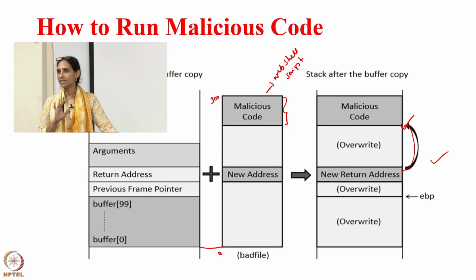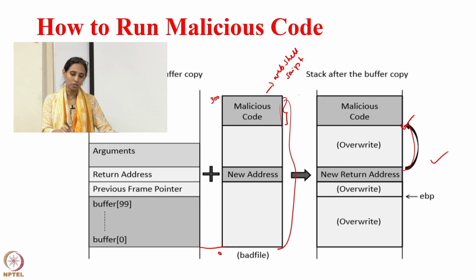Okay. The basic idea of what buffer overflow is doing is clear. Basically, you are not checking the limits of a buffer and you are letting it copy something which the user is providing. The user will provide this string that I am showing here, where there is malicious code, and this address will point to this malicious code, which is also residing on the stack. Okay.